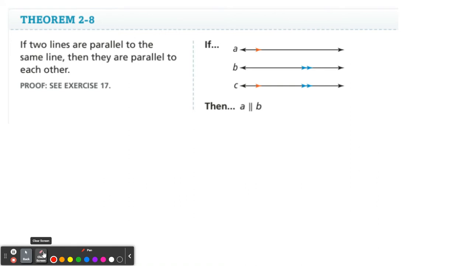This says if two lines are parallel to the same line, then they are parallel to each other. I sometimes think of this as the transitive property of parallel lines.